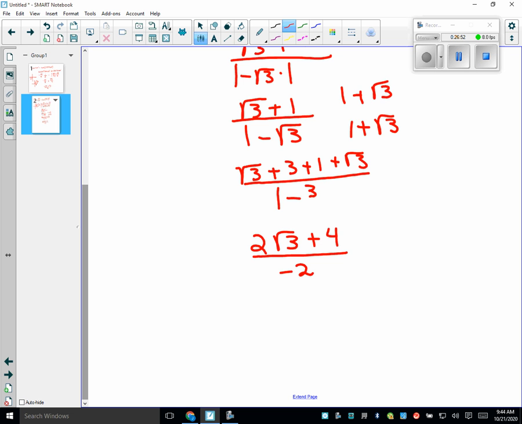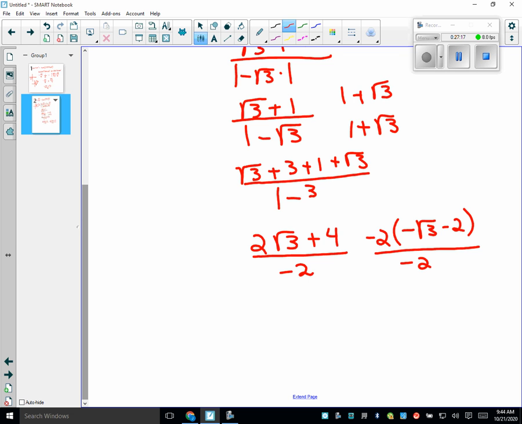In order to get rid of that negative 2 on the bottom, on top I have to factor out a negative 2. When I factor out a negative 2, do I get negative radical 3 minus 2? Yes. Can we just cancel out the negative 2?